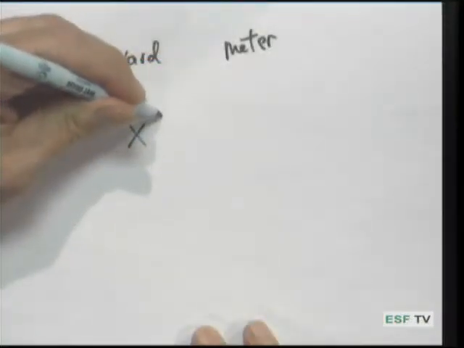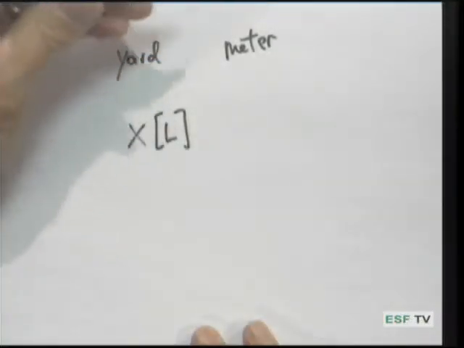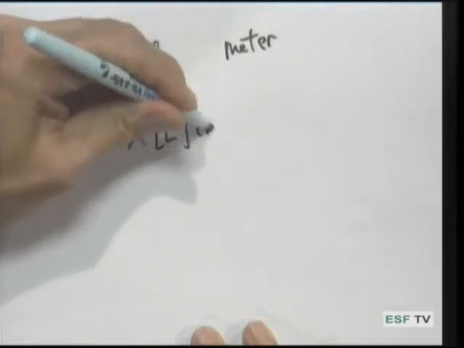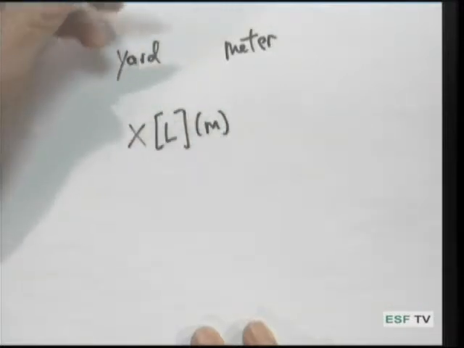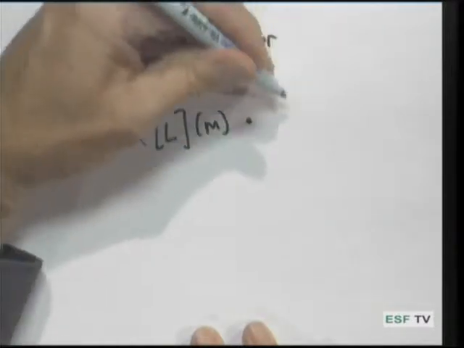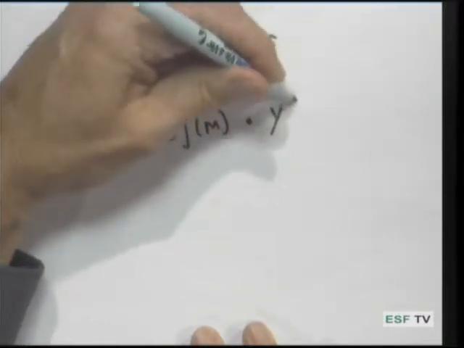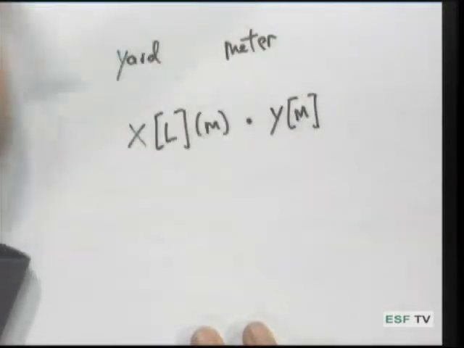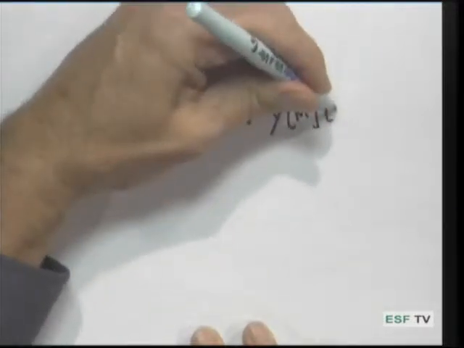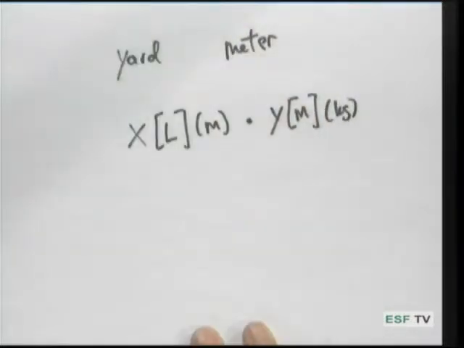So for example, you can take units of any kind and you can multiply them together. So for example, if we have a quantity x that has dimensions of length, and we measure that in meters, then we can multiply that by a quantity y that has a dimension of mass, but is measured in units of kilograms.